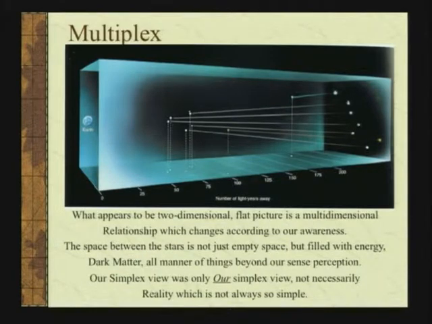And that goes with the science. Can we measure it? Can you repeat the measurement? Can other people using the same methodology get it? So our simplex view was only our simplex view, not necessarily reality. Okay, which is not always so simple.